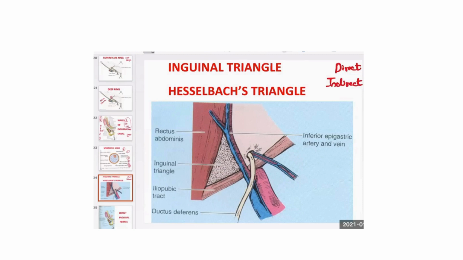If it is towards the medial aspect of the remnant, it is medial direct. If it is lateral to the remnant, it is called lateral direct. So indirect is only one, which is from the deep inguinal ring to the superficial inguinal ring. Direct is from the posterior wall of inguinal canal. Posterior wall is transversalis fascia, next is transversus abdominis, then it comes to the superficial inguinal ring.